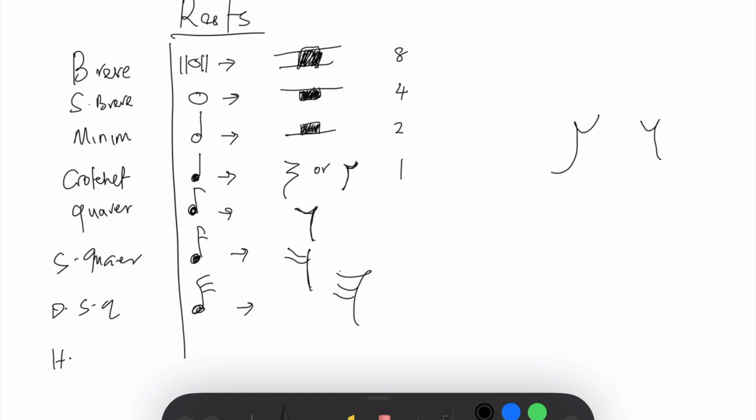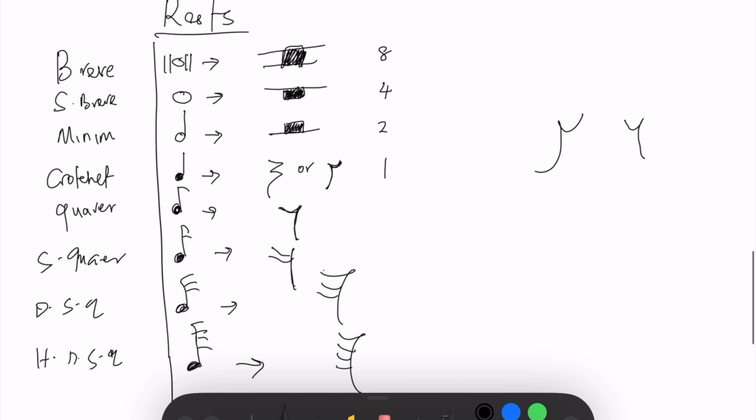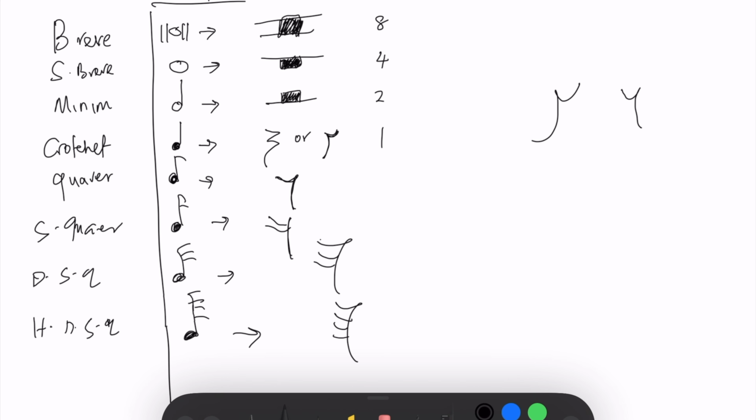And then hemidemisemiquaver, which is 4 flags. We also have 4 flags this way. So these are the rest signs or symbols of all these notes. You should concern yourself with these rest signs.